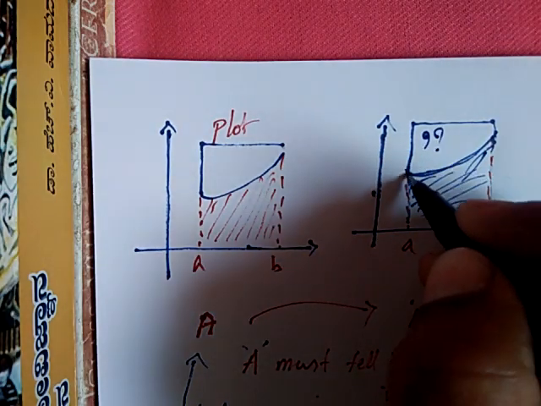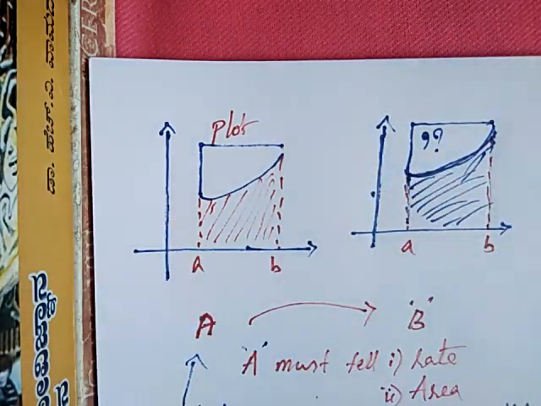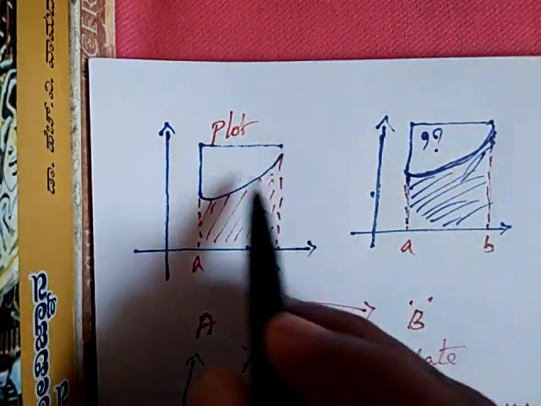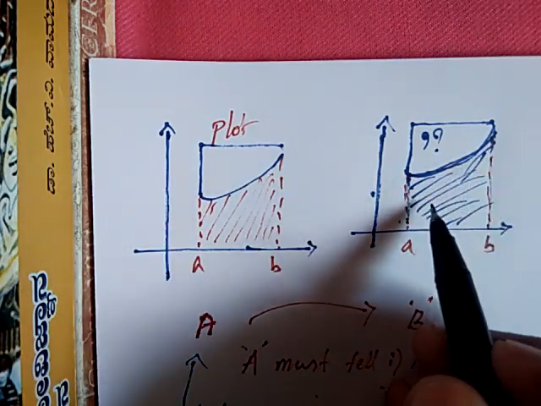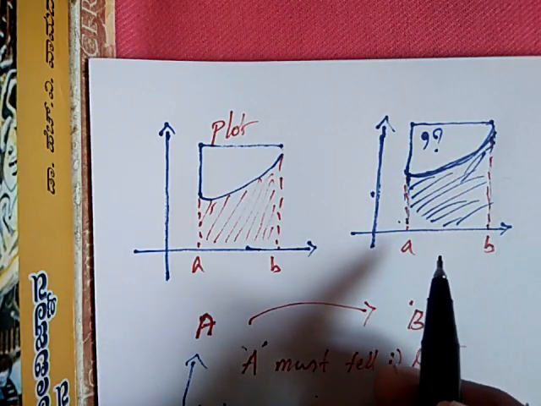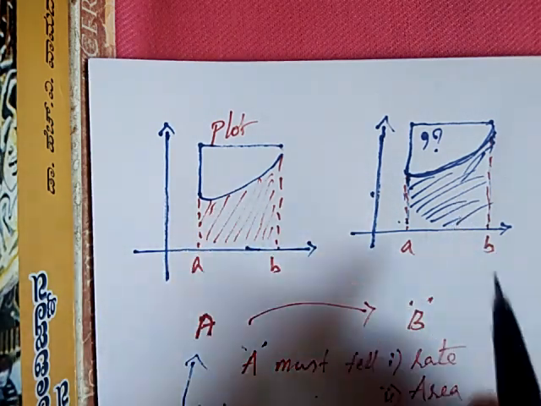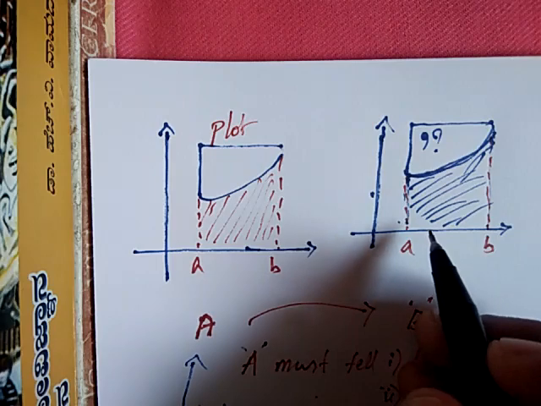For this one, this much area will be extra. If he does it like this and we calculate the area of this rectangle, it will be more than the area of the original plot. So B1 will say, hey, no, we are in loss.